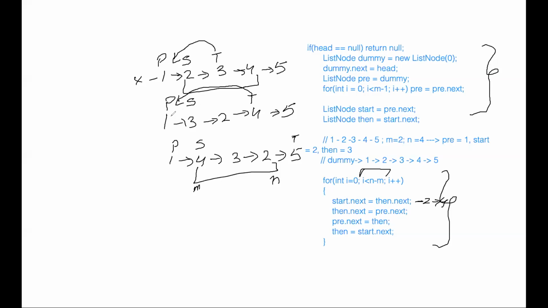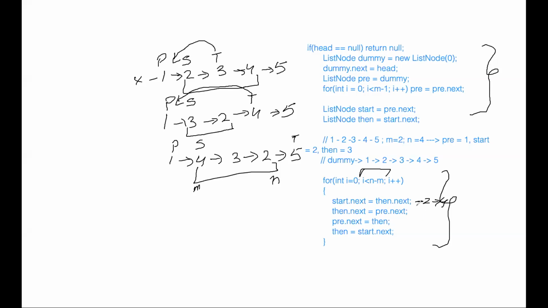I think I missed it, so we'll start again. Start.next equals then.next, so 2's next would be 4. Then.next, which is 3, should be pre.next. So pre.next is 2, which means 3 is pointing to 2.